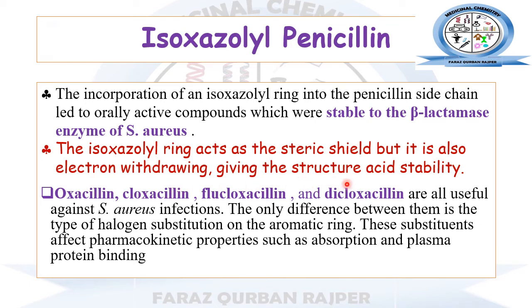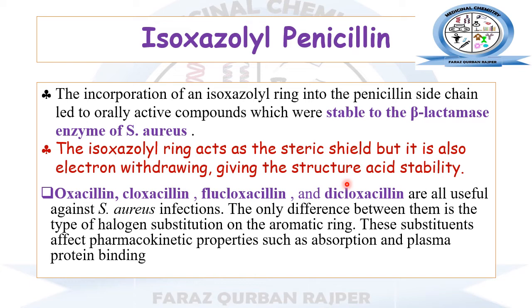So besides being resistant toward the beta-lactamase enzyme, these isoxazole derivatives have acid stability. Examples of penicillins that come under this class are oxacillin, cloxacillin, flucloxacillin, and dicloxacillin.